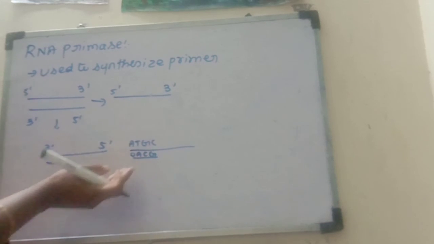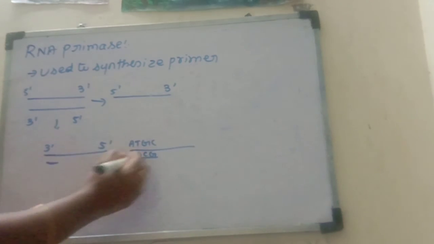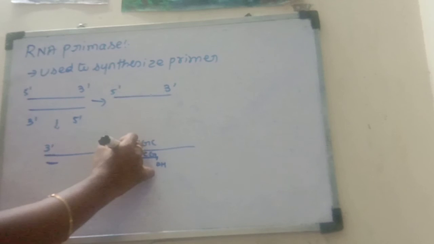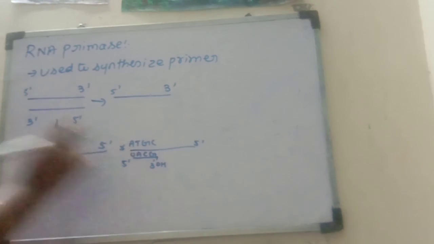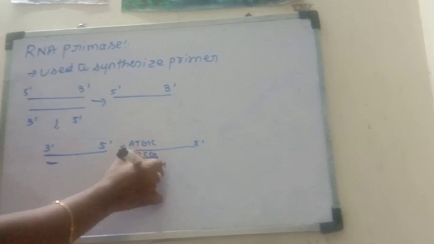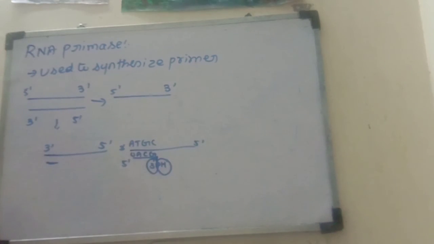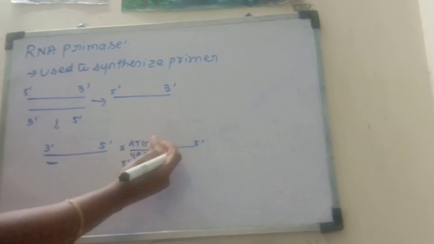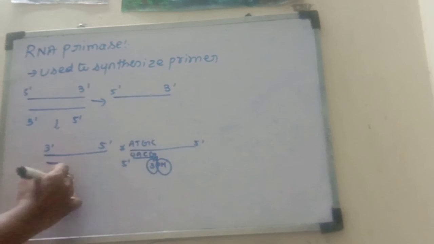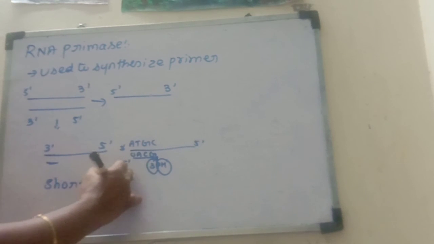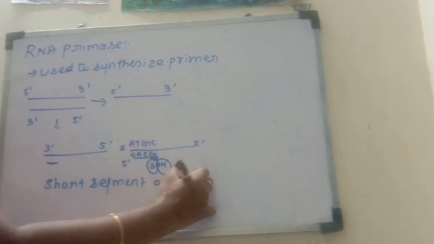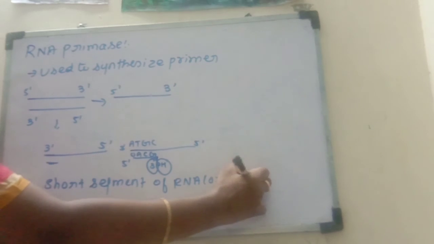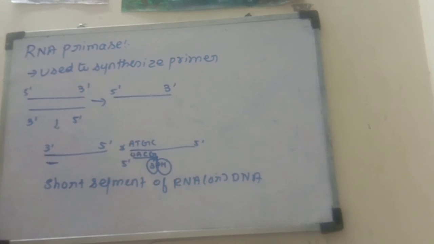We are providing the initiation, because the OH group is present at the 3' end. So the RNA primer should be added in the 5' to 3' direction, and the 3' end provides the functional group. Now the polymerization will take place. The RNA primer is nothing but a short segment, 4 to 6 bases in length, of RNA or DNA, which is added to initiate the replication.